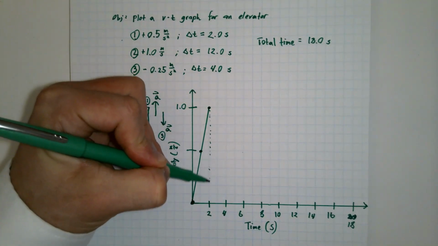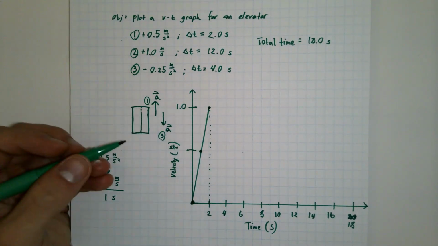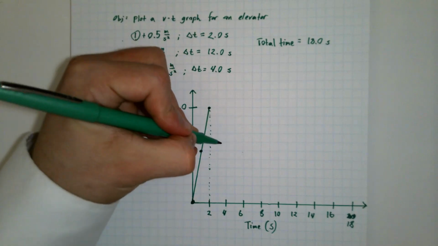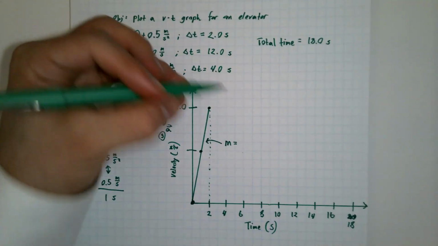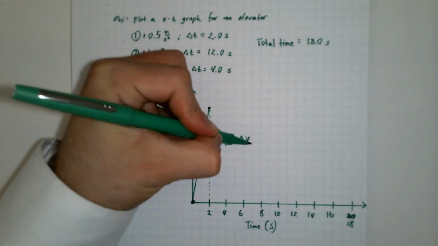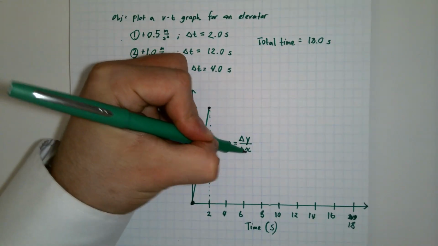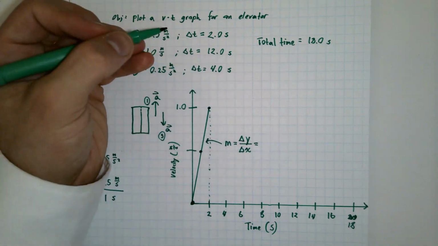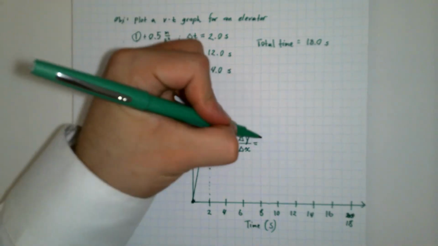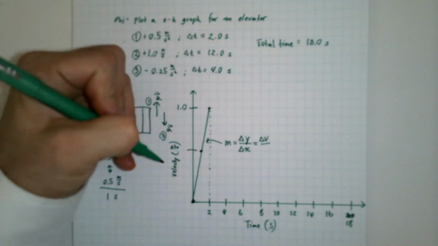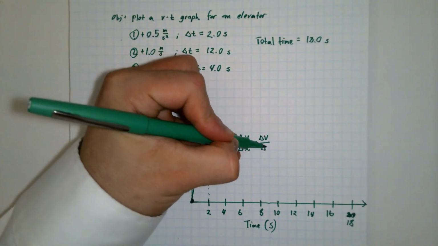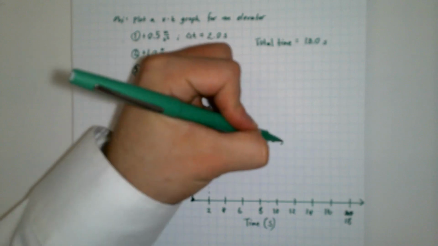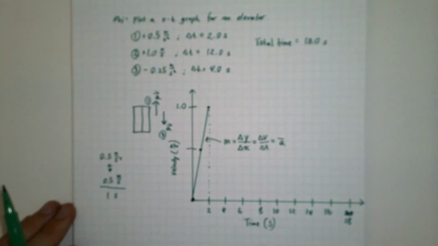We would see that the slope of this line is equal to the change in my dependent variable over my change in my independent variable. What is my dependent variable? We're looking at velocity, so the change in velocity over what is my independent variable? My independent variable is time. Change in velocity over change in time, that is average acceleration.